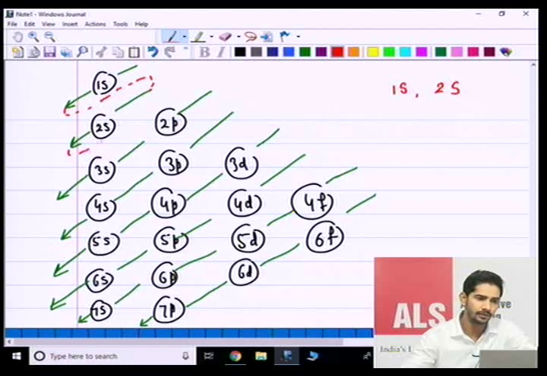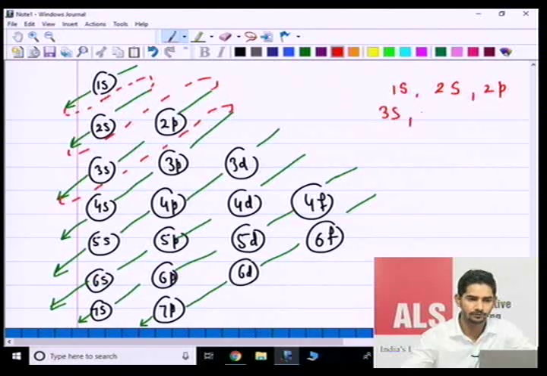After that, we will have 2p, 3s. After that, 3p, 4s.